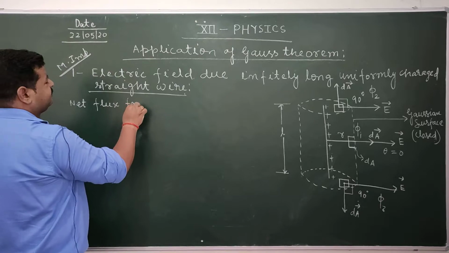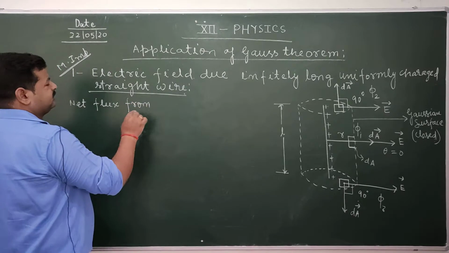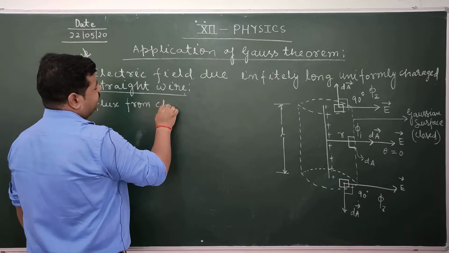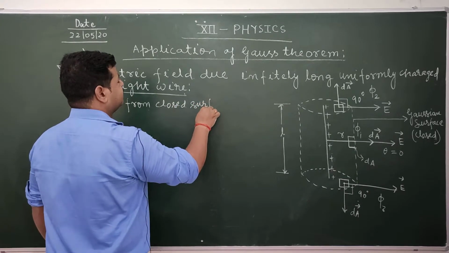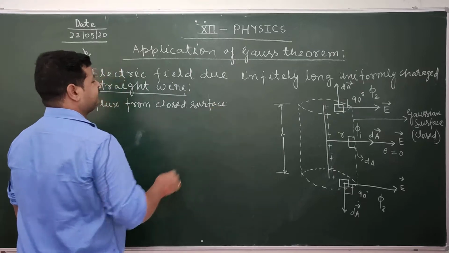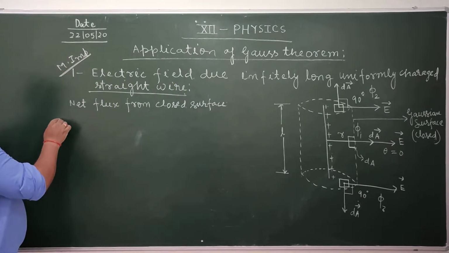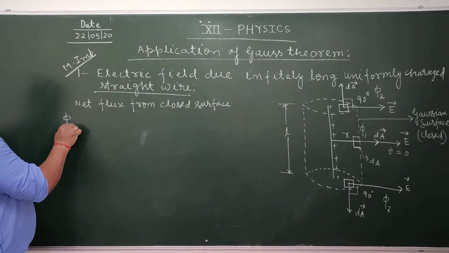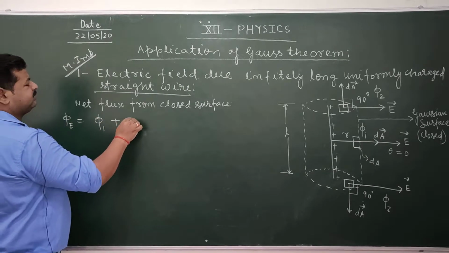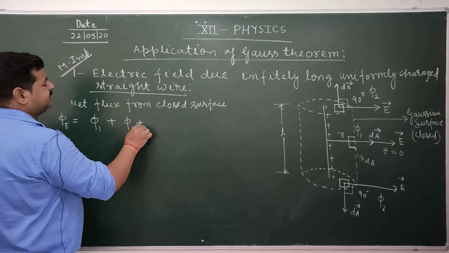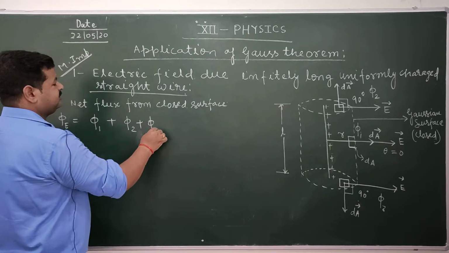So the net flux from the closed surface, that is phi E, is equal to phi 1 plus phi 2 plus phi 3.